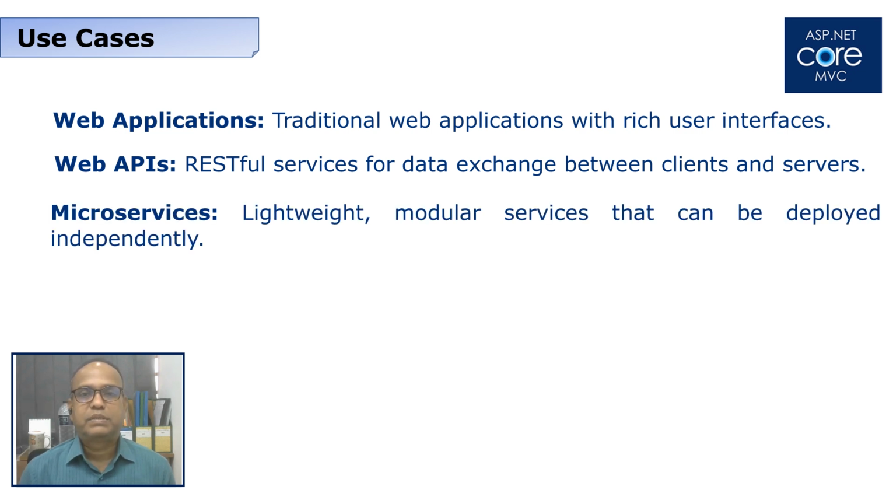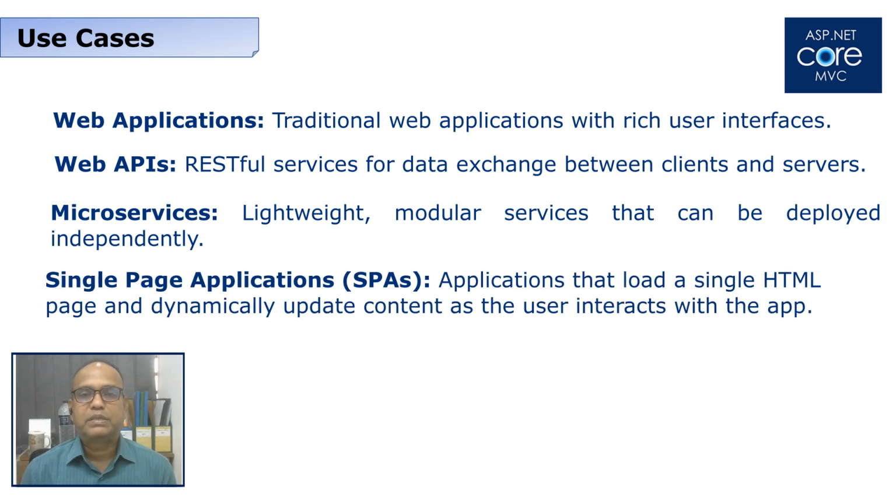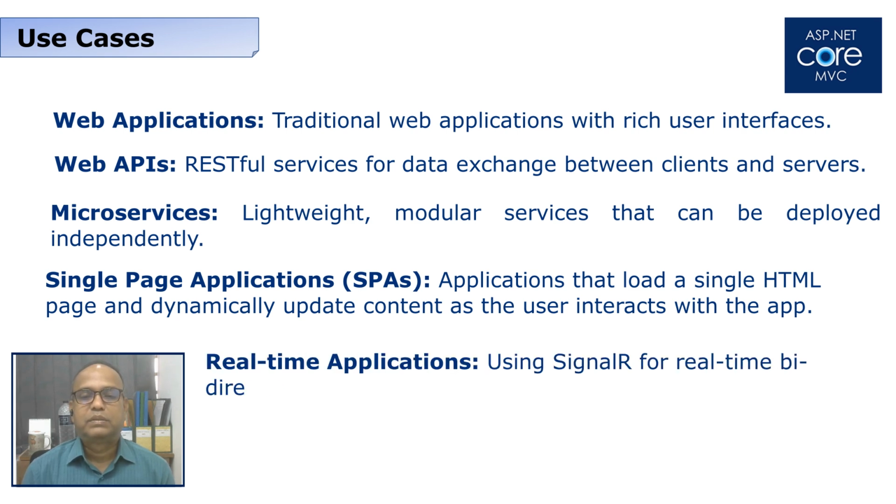Microservices, lightweight modular services that can be deployed independently. Single page applications, SPAs, applications that load a single HTML page and dynamically update content as the user interacts with the app. Real-time applications using SignalR for real-time bidirectional communication.